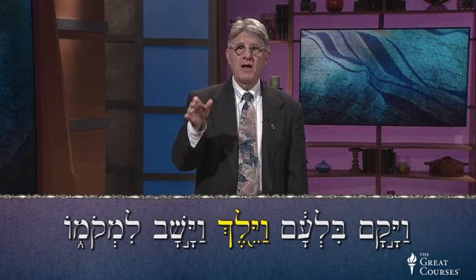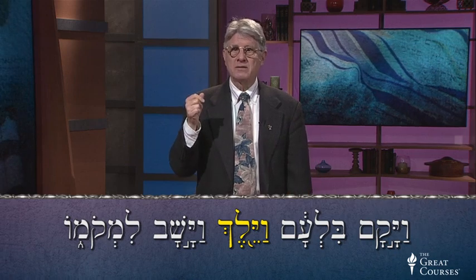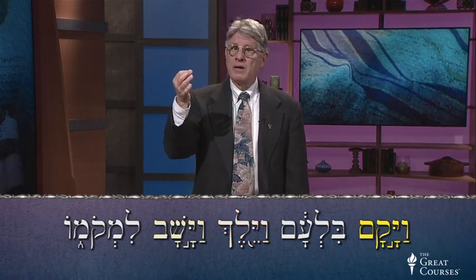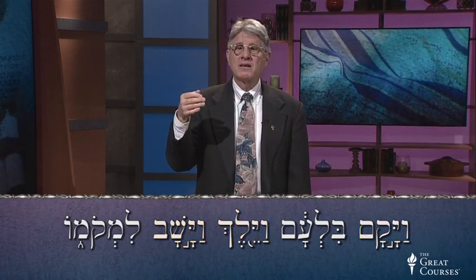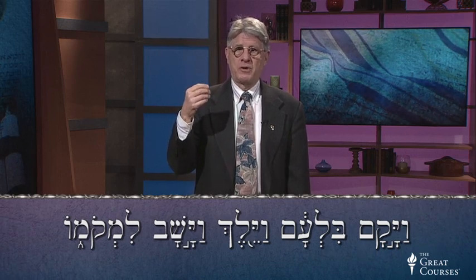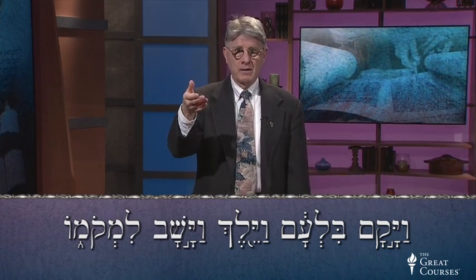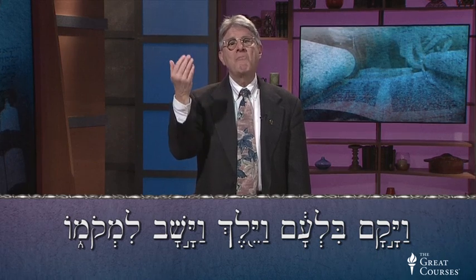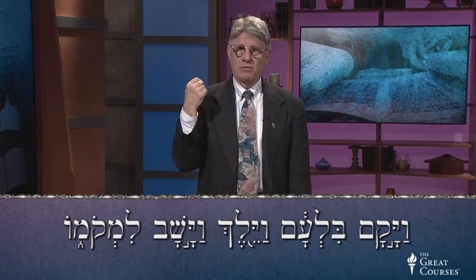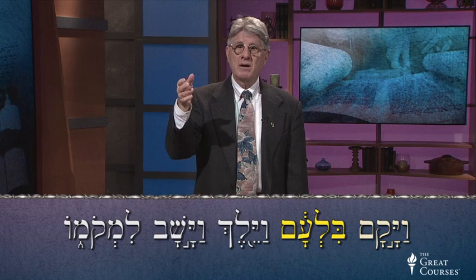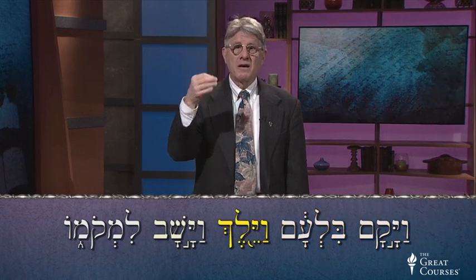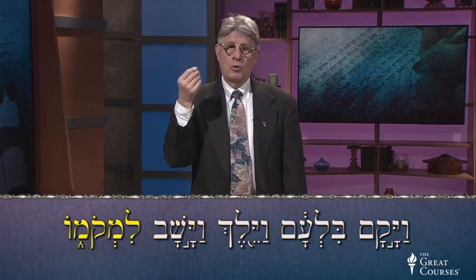Vayelech from halach, that's what he did, he went, but Vayakom and Vayashov are telling about that verb. They're telling you how he went. He started going, and where was he going? He was going back to his hometown. Vayakom Bil'am, vayelech, vayashov limkomo.